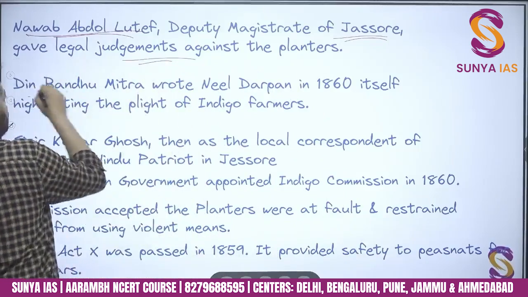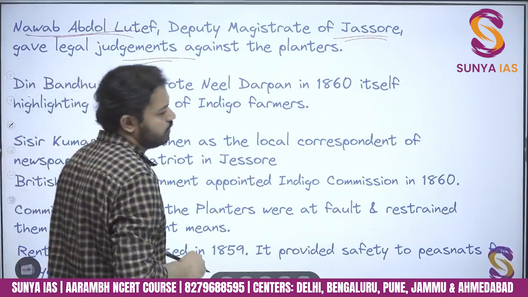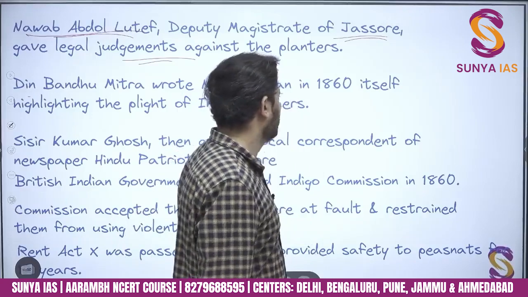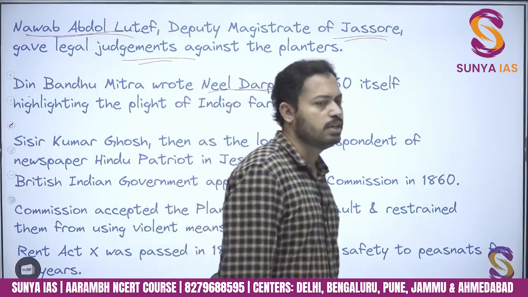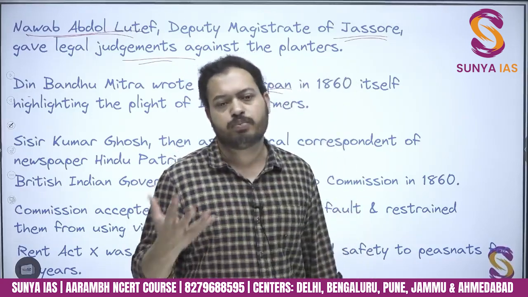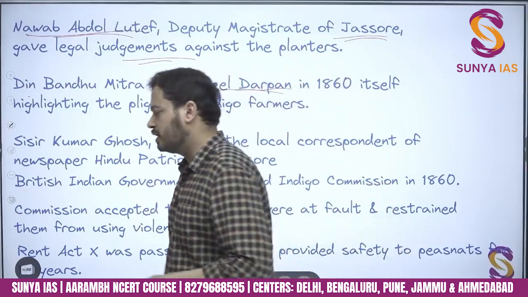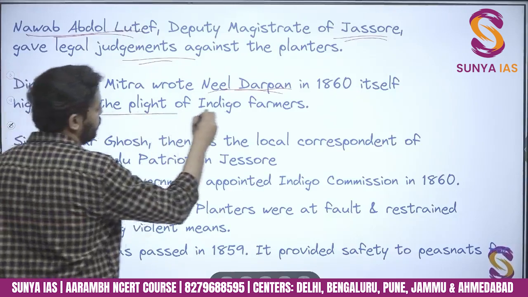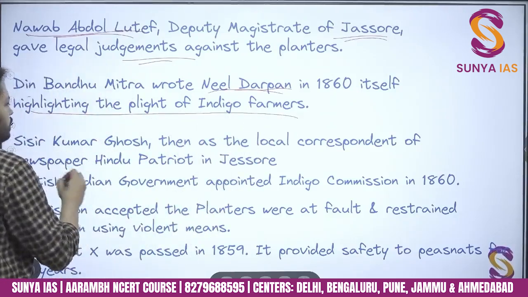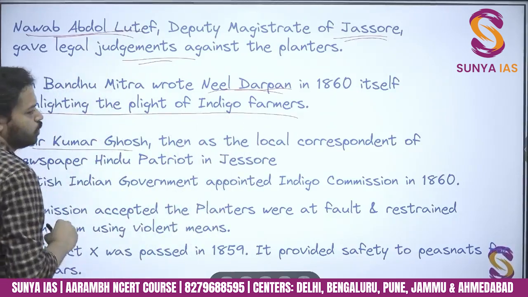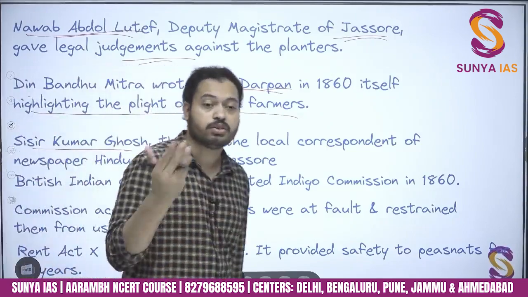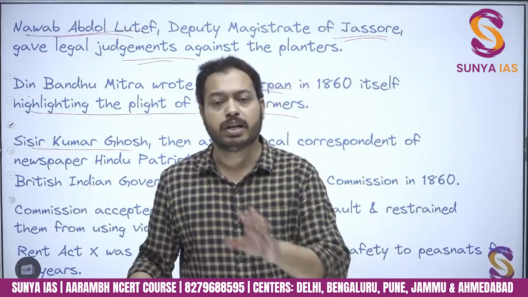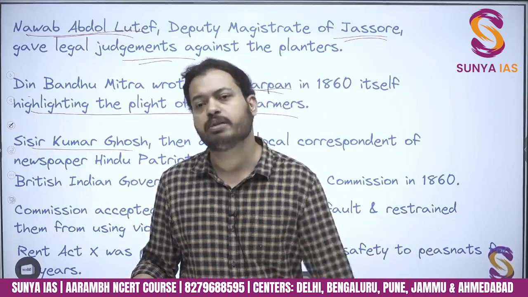Then Deen Bandhu Mitra, in 1860, wrote a famous novel called Neel Darpan, which was based on the difficulties and the plight of the indigo farmers. Then there is Sisir Kumar Ghosh, who later became a very famous leader, even in the times of the 1905 Swadeshi and boycott movement.